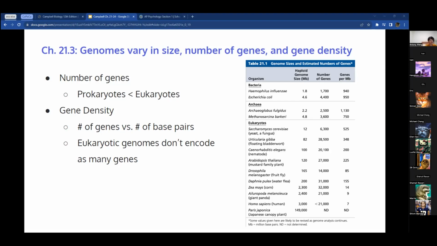I have a diagram on the next slide showing all of the types of DNA stuff in eukaryotes, but prokaryotes don't have introns. They don't have a lot of the regulatory sequences that eukaryotes have. If you look at this table on the right, notably you'll see that plants have very big genomes, mostly because they can survive polyploidy. They can duplicate their DNA and survive like that.